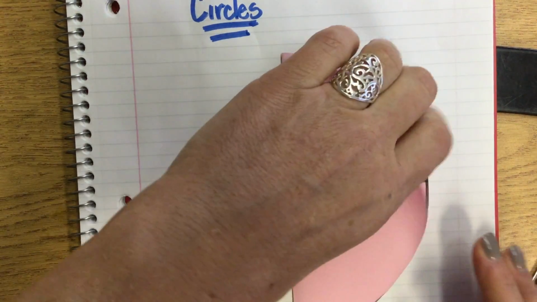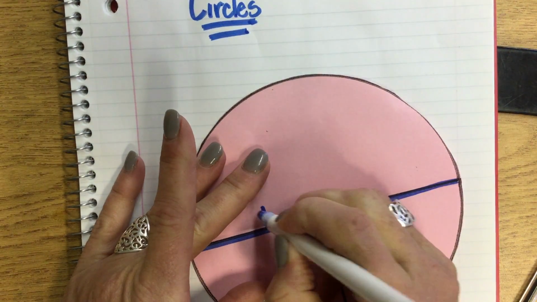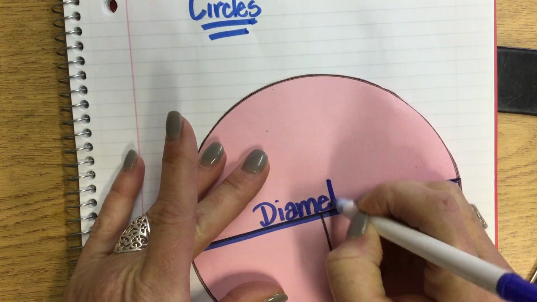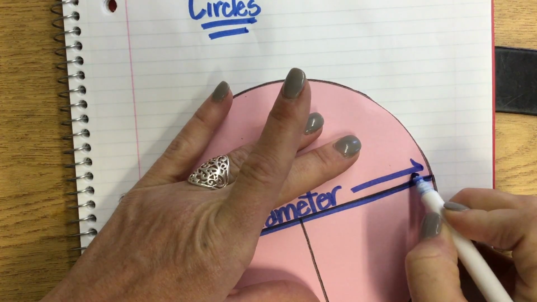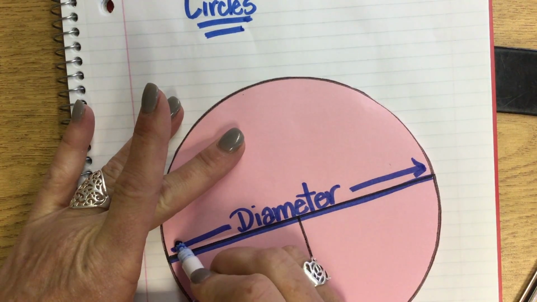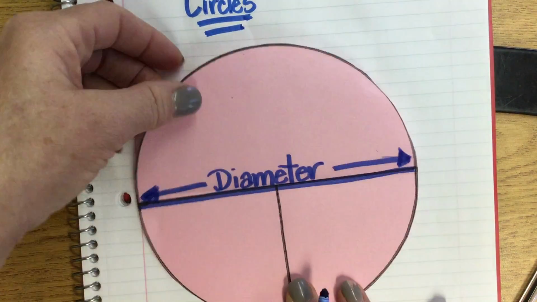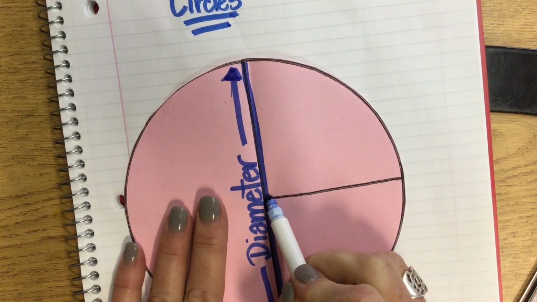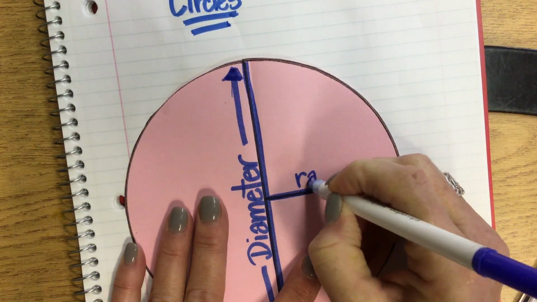That is called the diameter. It goes all the way across. Now you notice that there's another line. This line is called your radius.